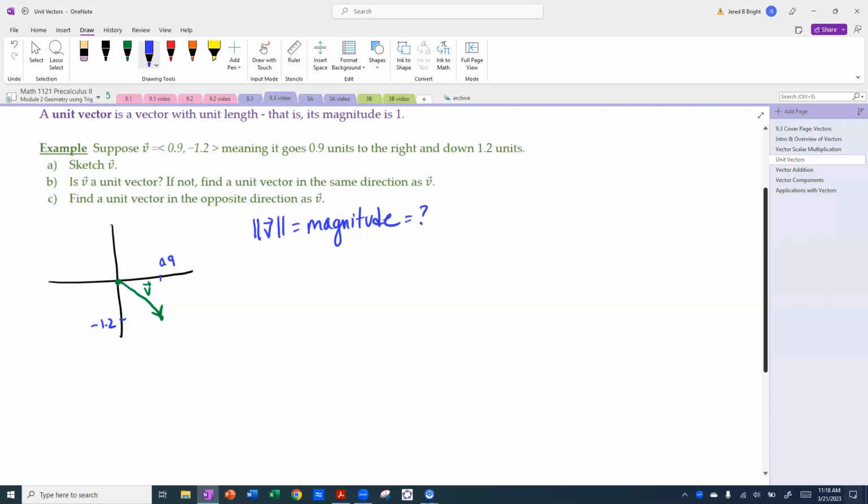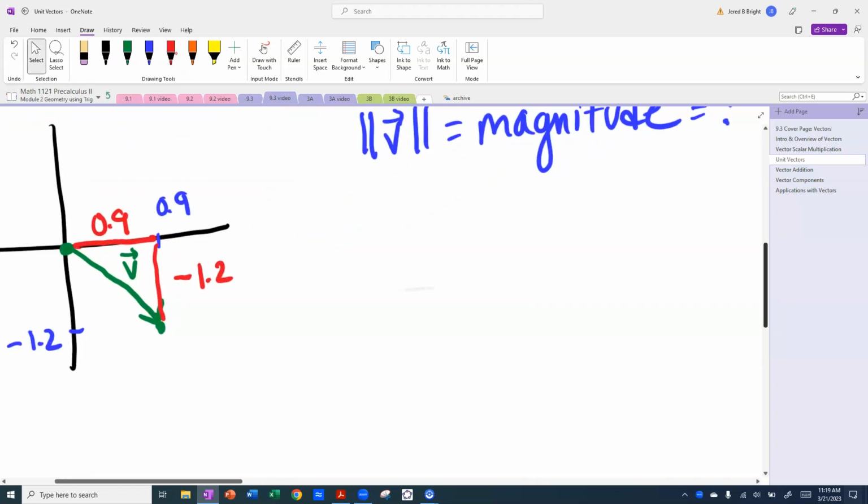Well, I don't know about you, but I'm zeroing in on this language of 0.9 units to the right, so that goes this distance of 0.9 units, and then down 1.2 units. That's negative 1.2 only due to direction. Oh, and then I'm like, oh, that's a triangle, right?